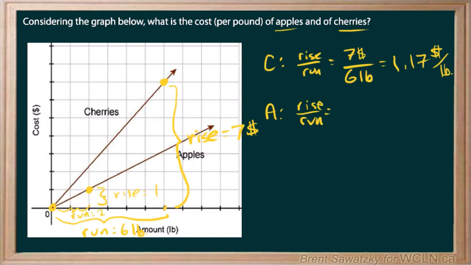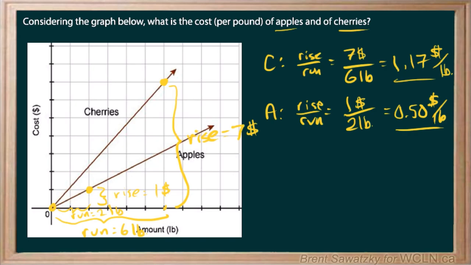And so the rise is $1. Let's make sure we get those units in there. And the run is 2 pounds. All right, so $1 for 2 pounds. And so we end up with $0.50 per pound.